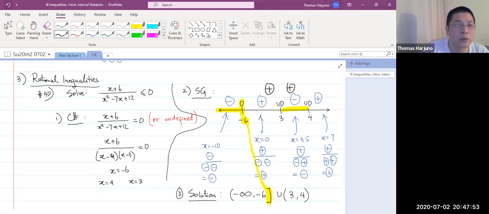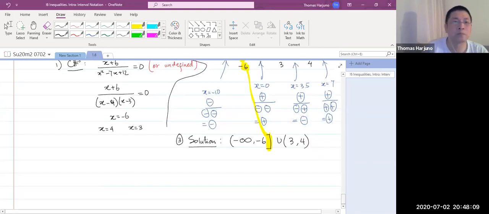It is possible though. So the best way to know for now is to do the testing point. I need you to get used to that procedure first, and then tomorrow I will show you what makes that happen.